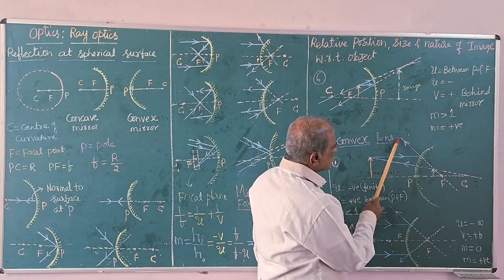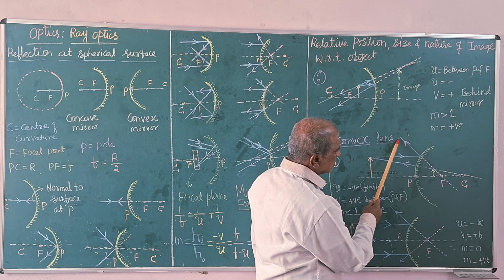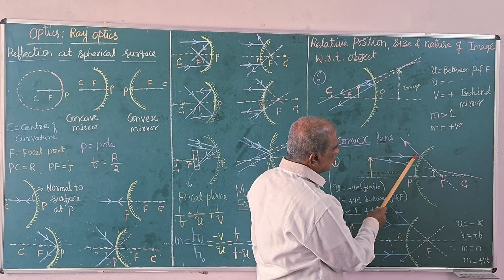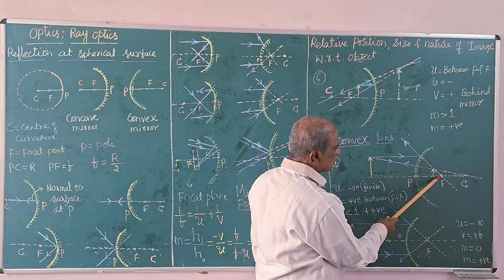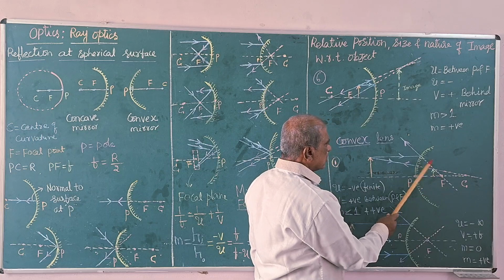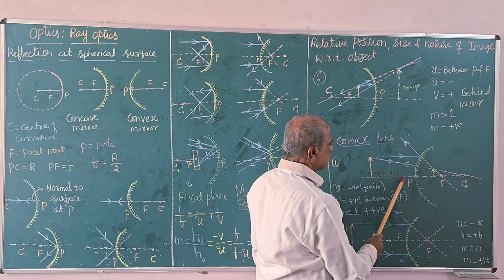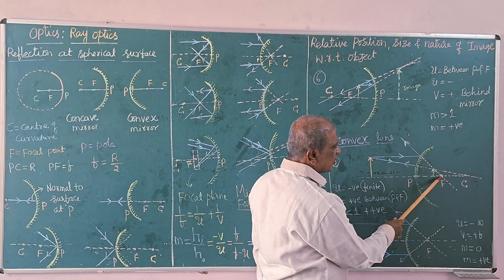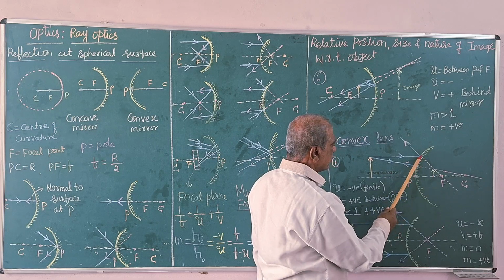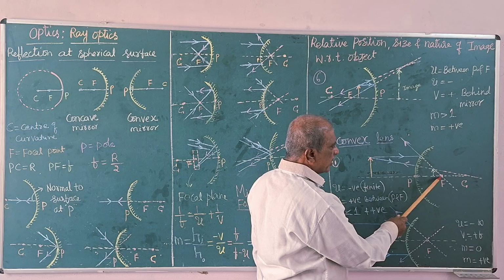Look at the direction: when you see it backward, it is passing through the point F. This is the usual notation. A ray parallel to the principal axis will be reflected in the direction passing through F, the focal point of the mirror.